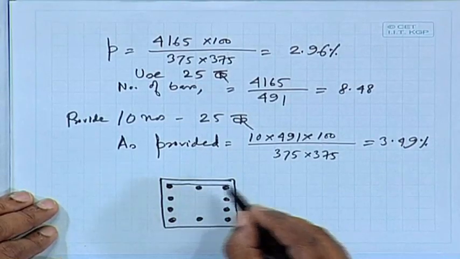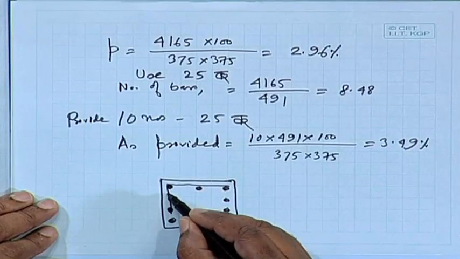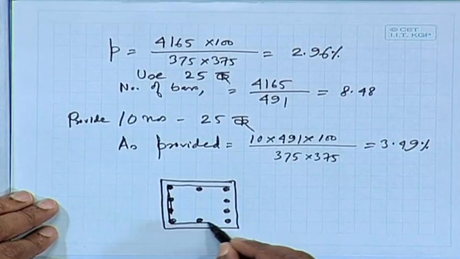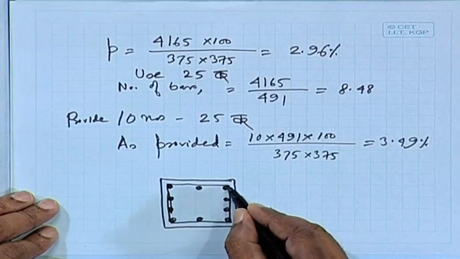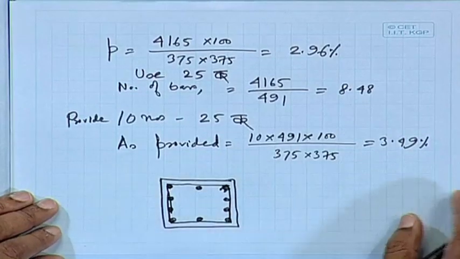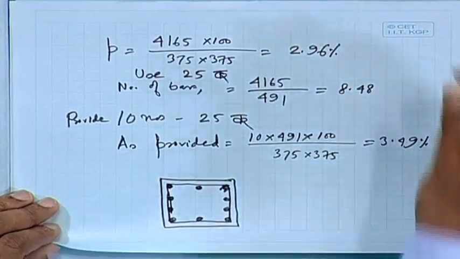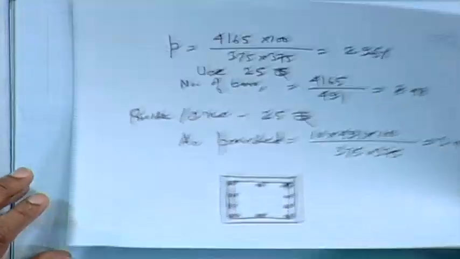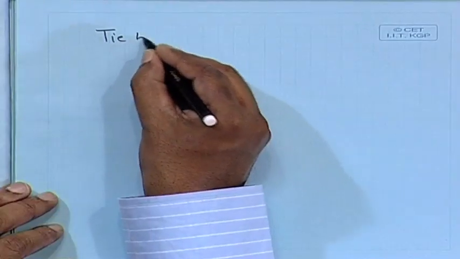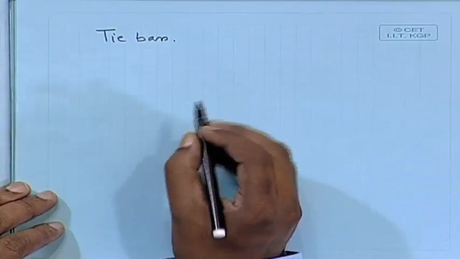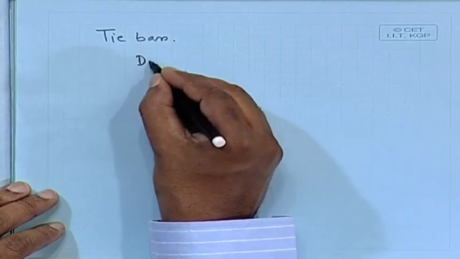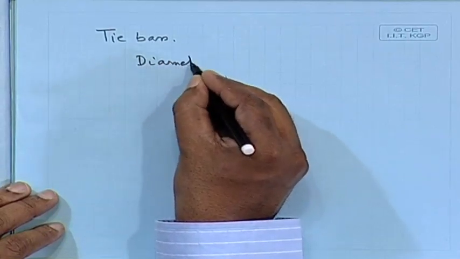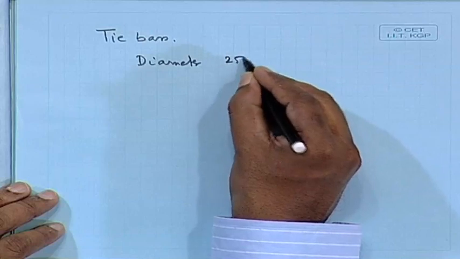Now, we have to provide the tie bars. If we have to provide the tie bars, diameter not less than 25 by 4.